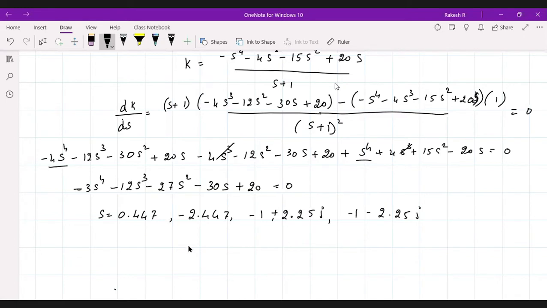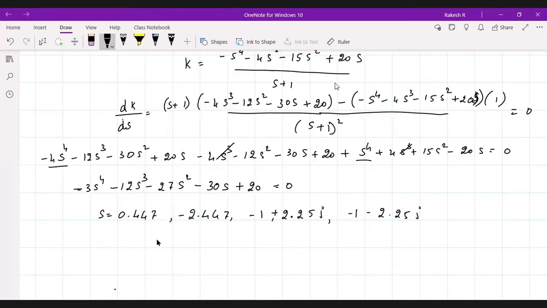These are the roots you can directly find in your calculators. If you don't know how to solve, take out your calculators. First, you need to substitute minus 3 alpha x raised to 4 minus 12 alpha x raised to 3 minus 27 alpha x square minus 30 alpha x plus 20 alpha equals 0.